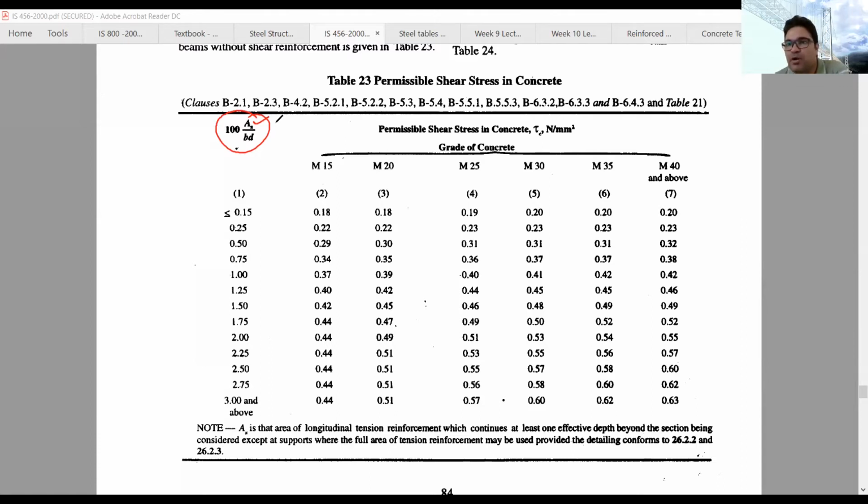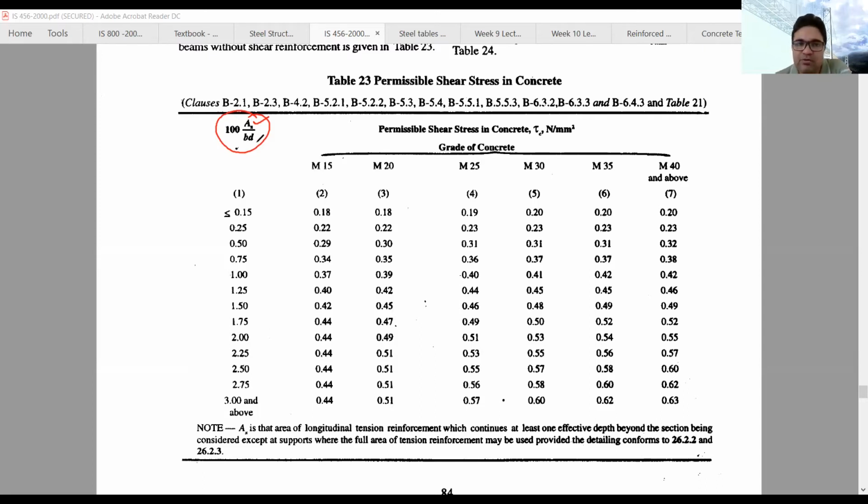By chance, if we are providing bent up bar, then minimum 2 bars should be there in the support. So whatever area of steel is there at the support, we have to find out that area of steel in terms of the percentage. So AS will be the area of steel at the support, BD is the cross-sectional dimension, and multiplying by the 100, we can find out the percentage of the steel.